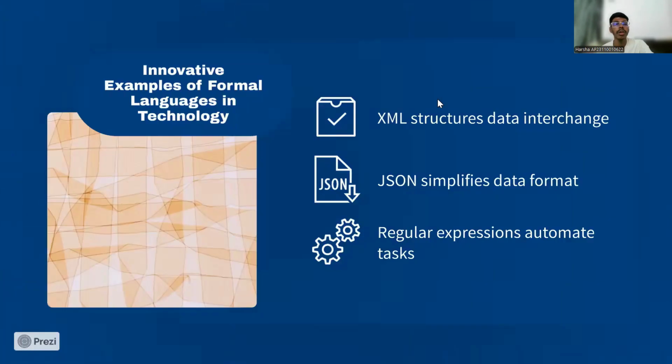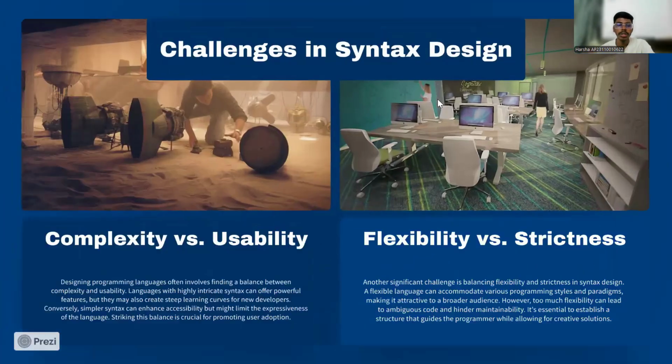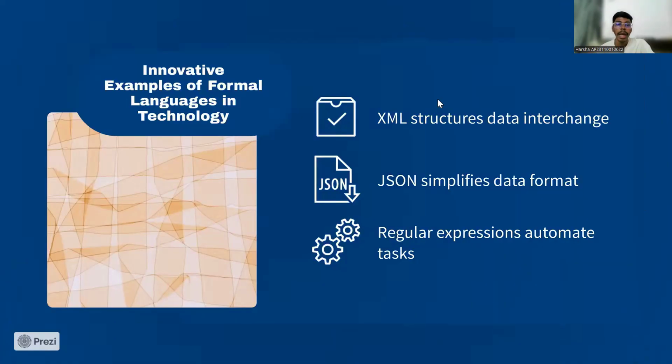So innovative examples of formal languages in technology are XML structuring data interchange, JSON simplifying data format, and regular expressions automating tasks. In the previous slide, I forgot to tell you that XML means Extensible Markup Language.